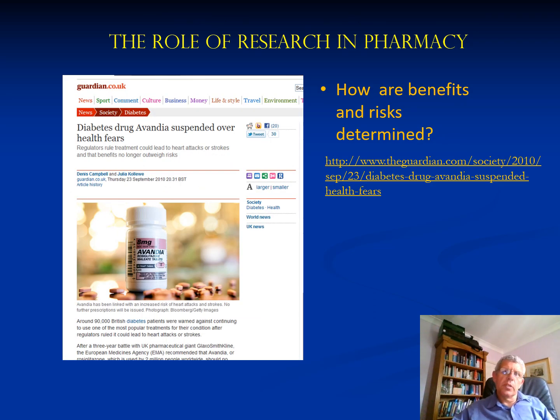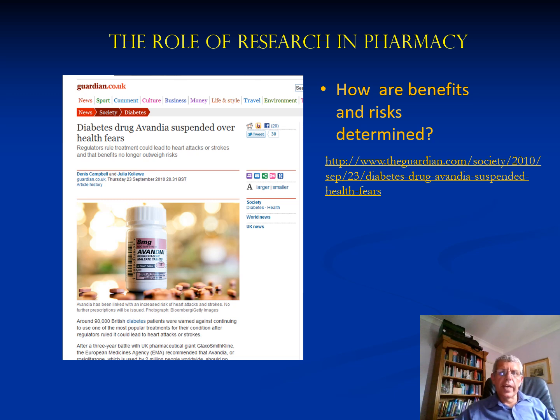In the introduction, we looked at the example of a prescribed drug, Avandia. Avandia is used to control blood sugar in type 2 diabetic patients. It was licensed by the European Medicines Agency in 2000, and more than 100,000 patients in the UK have used it despite concerns about heart problems.